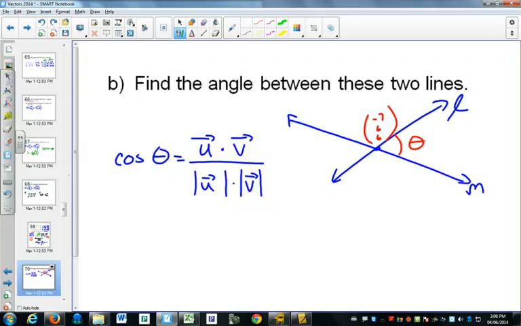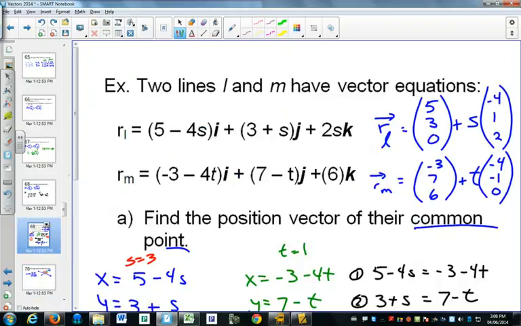How can we best describe this vector L? We've got a vector equation for L. It's right here. But what would best describe the vector L? It's going to be this one.